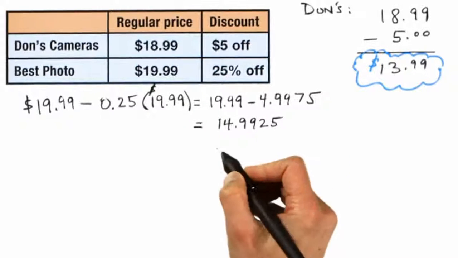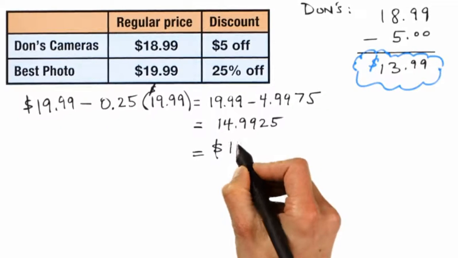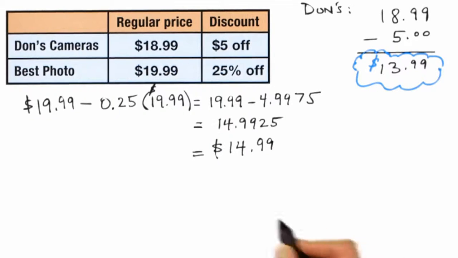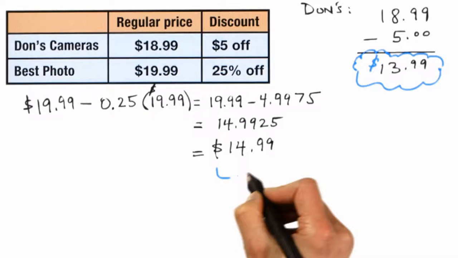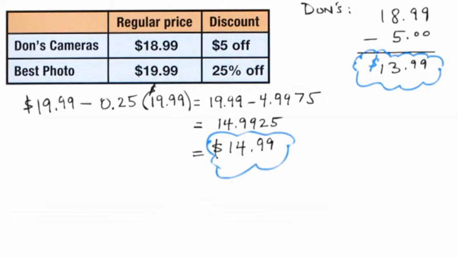And so if we just round to the nearest cent, this becomes, in dollars, $14.99. And that is the price of Best's.